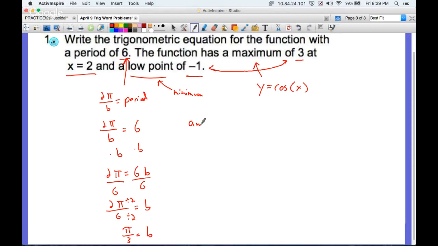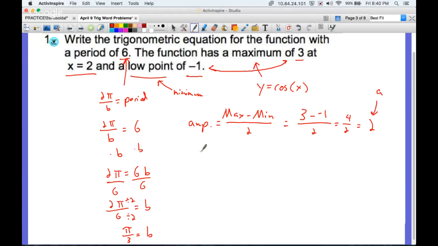So to get amplitude, we want the difference in the maximum and the minimum divided by 2. So max minus the minimum divided by 2 equals amplitude. So 3 minus -1 equals 4, 4 over 2, our amplitude is 2. So that tells us our a value.